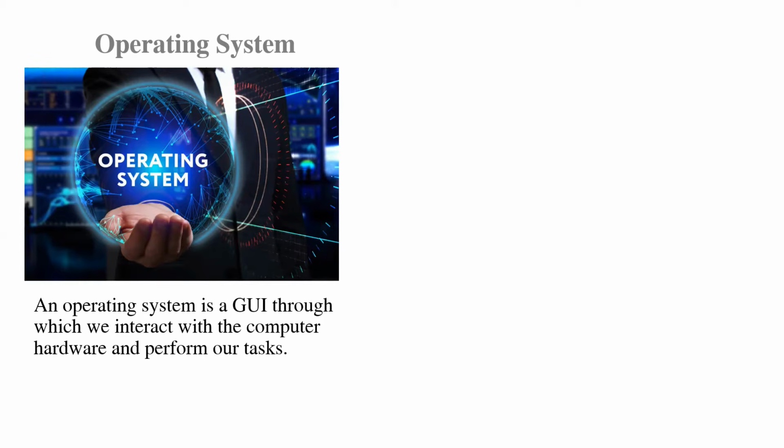If there is no operating system, what do you think will happen? Every application related to a computer would need its own graphical user interface. That is, for you to use that application, you must download its graphical user interface. So if you are to use Microsoft Word, you have to download the graphical user interface of Microsoft Word.